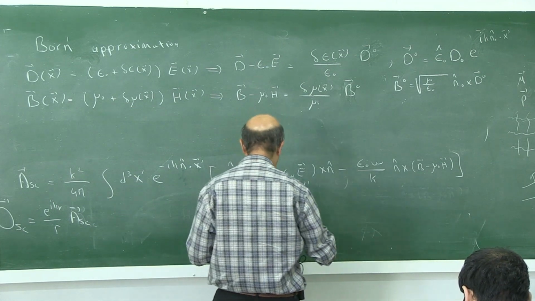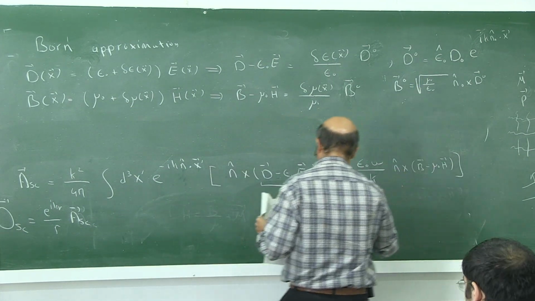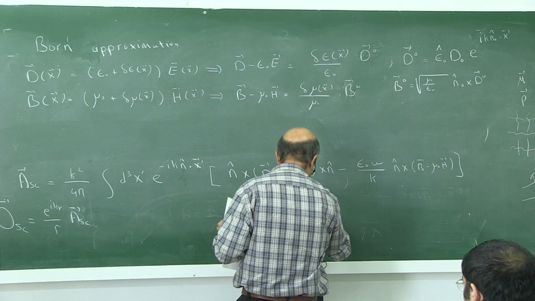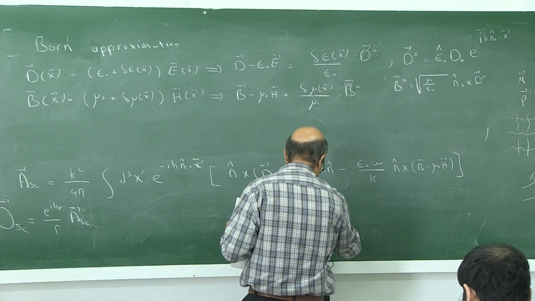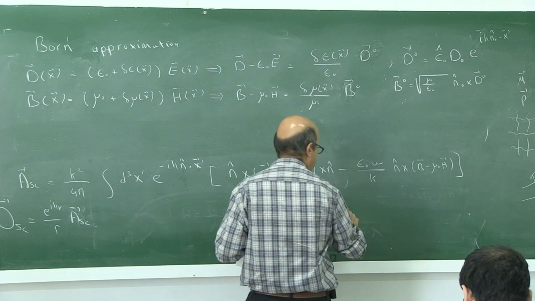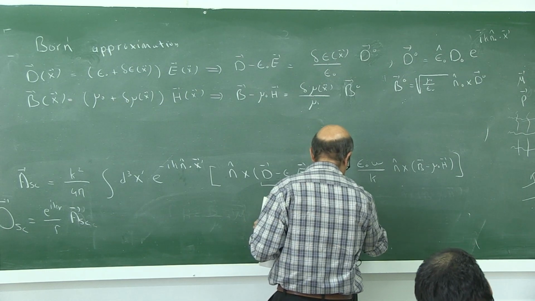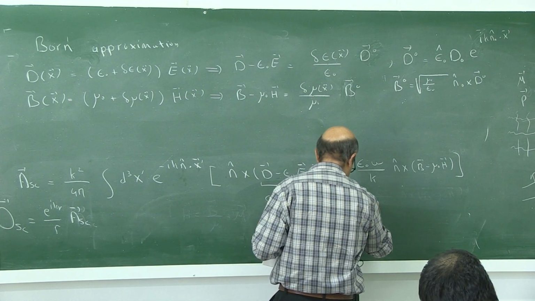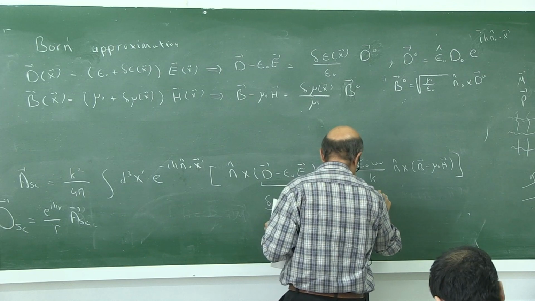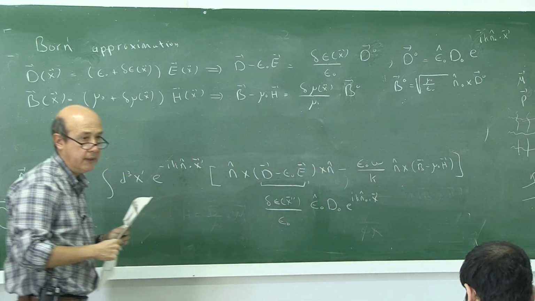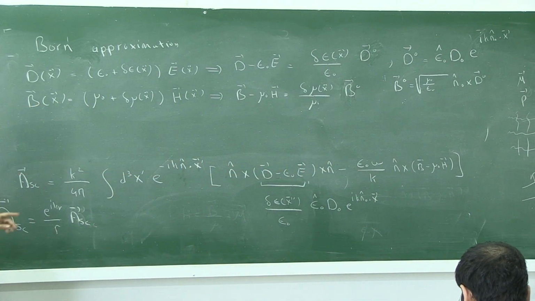D0 is what? D0 is the incident polarization of the wave, amplitude of the oscillation, e to the i k n0 dot x. Okay. So at this point, we will come to this later on.